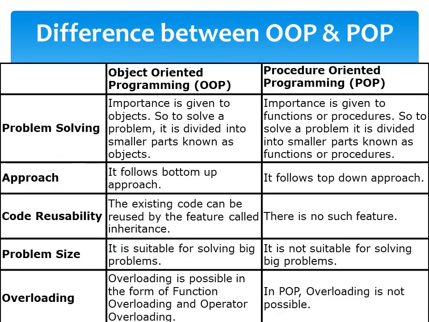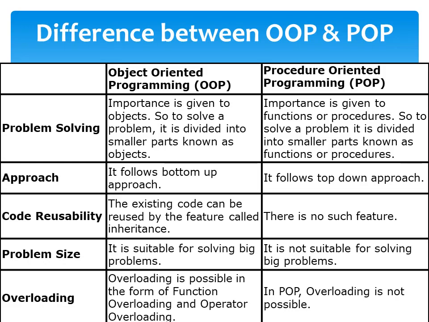Difference between object oriented programming and procedure oriented programming. First, problem solving. In object oriented programming, problems are divided into smaller parts called objects. In procedure oriented programming, the problem is divided into smaller parts called functions. Second, approach.